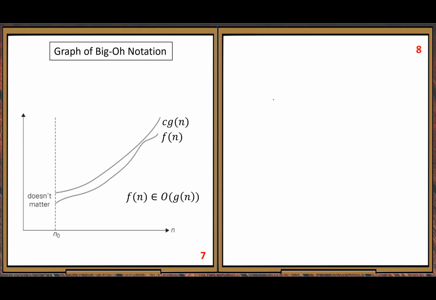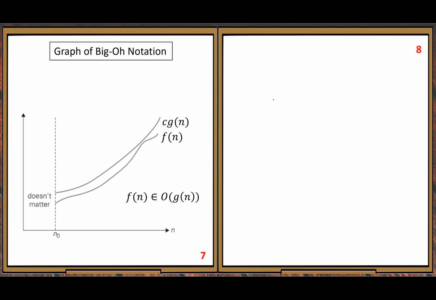We draw the function f first. So the lower curve, suppose that is the f of n function. Now, we want to use some upper bound for f of n. We want to use some upper bound to measure it.